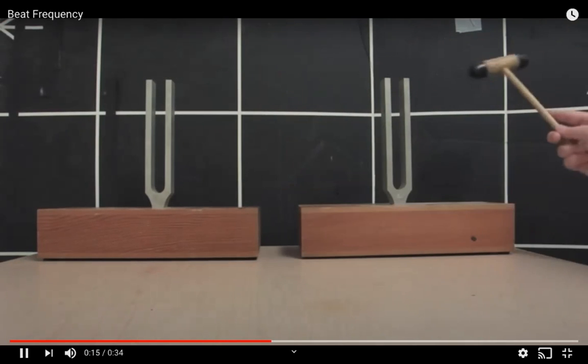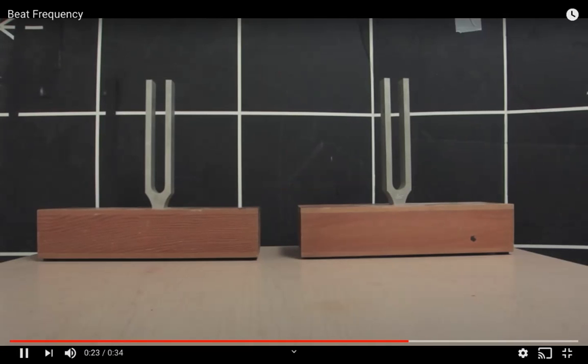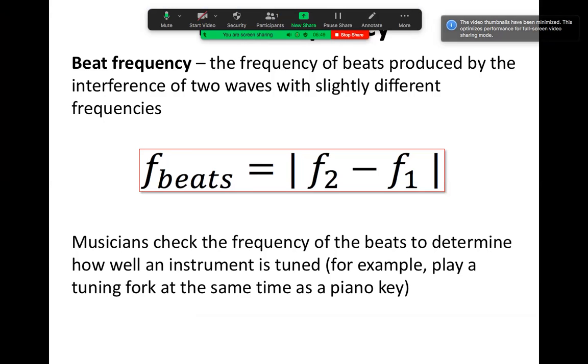Separately, we don't hear beats, but when we hear them together, we hear this interesting sound effect where the volume gets louder, quieter, very quickly. So that would be hearing acoustical beats through tuning forks.